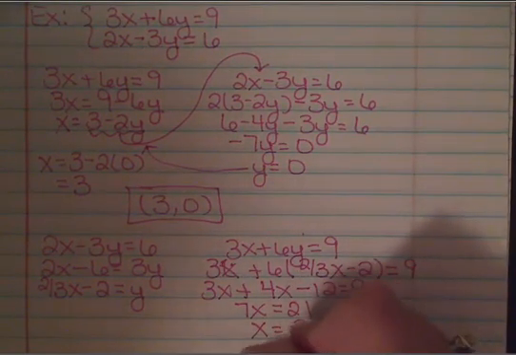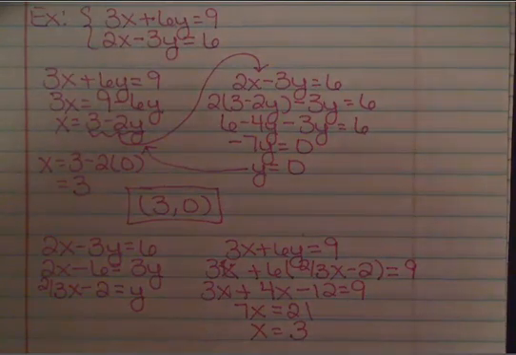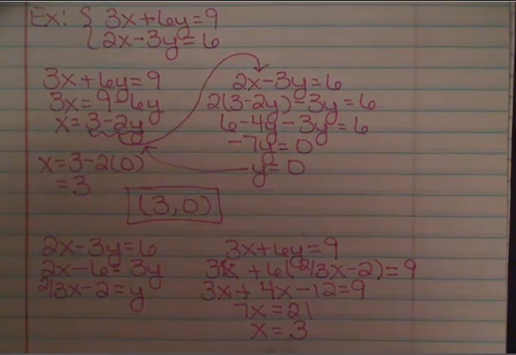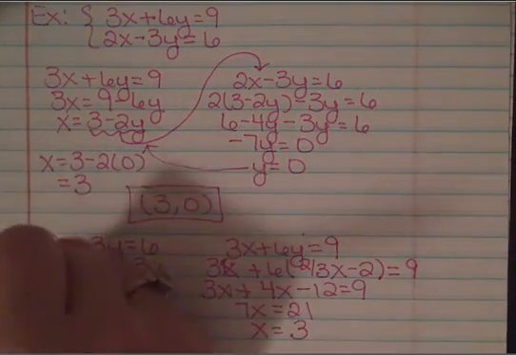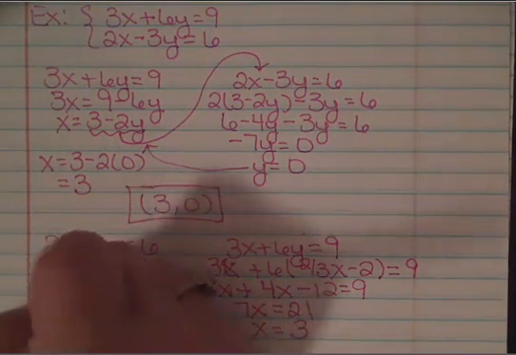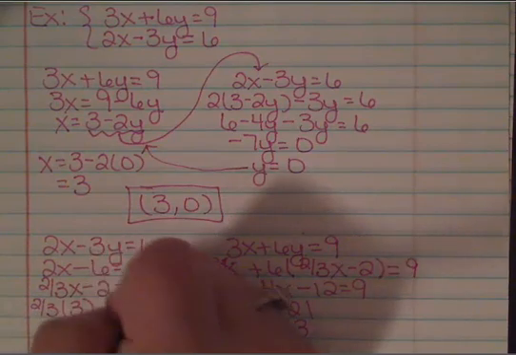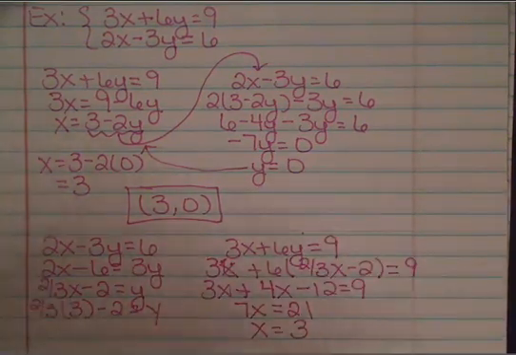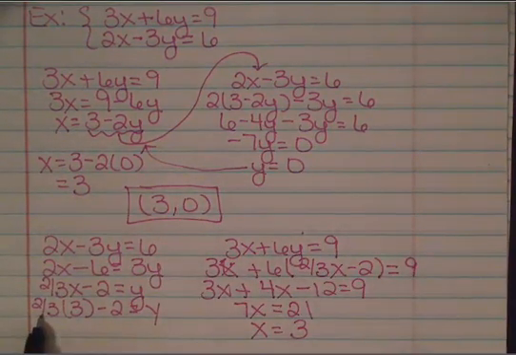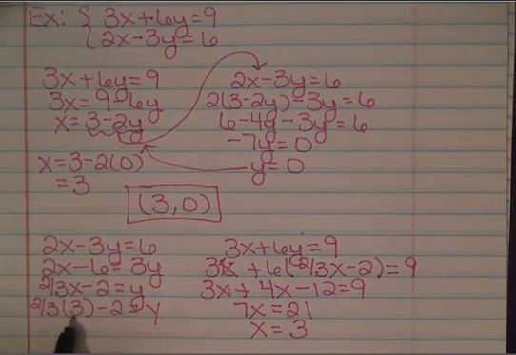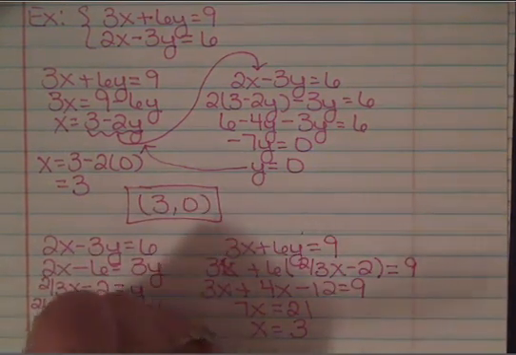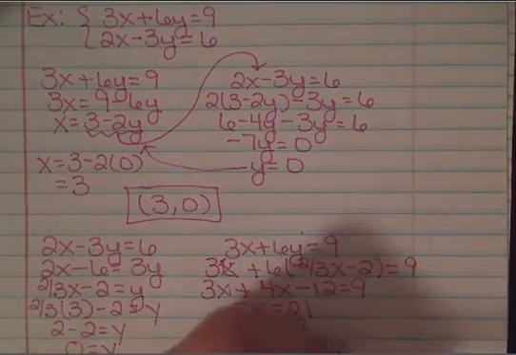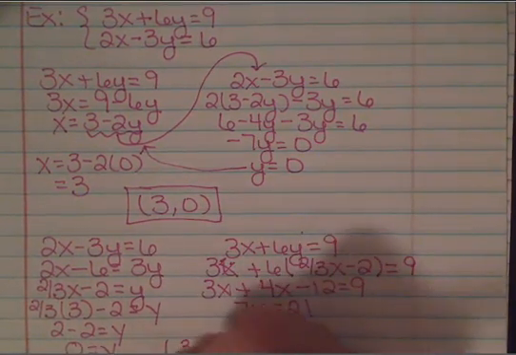So now I have to plug that into this part over here. So I have 2 over 3 times 3 minus 2 equals y. The 3's would cancel. That'd leave me with 2 minus 2 equals y. So 0 equals y. So my ordered pair would be (3, 0).